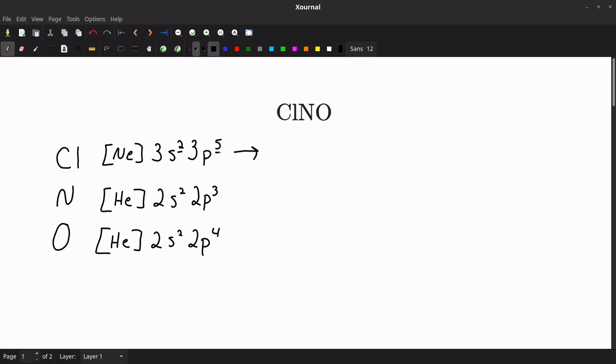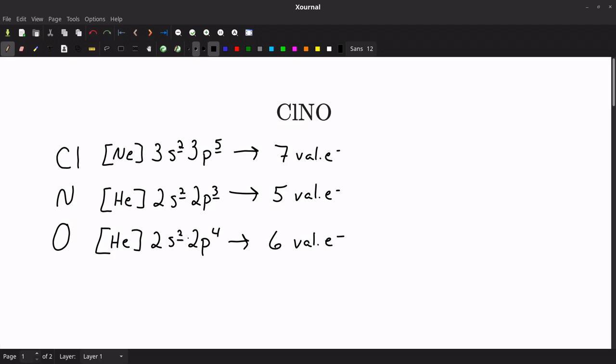We need to add 2 and 5 together to give us 7 valence electrons for chlorine. Nitrogen is going to have 5 valence electrons, that's 2 plus 3. And oxygen, 2 plus 4, we're going to get 6 valence electrons.